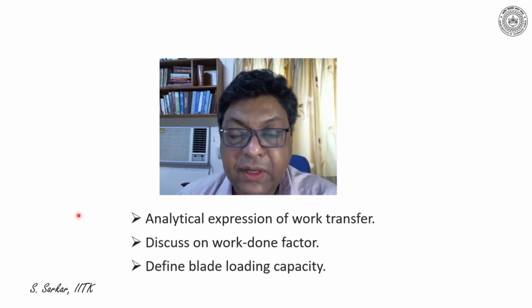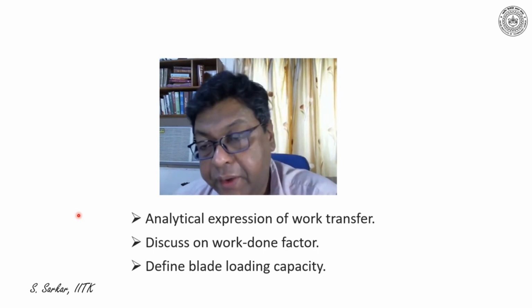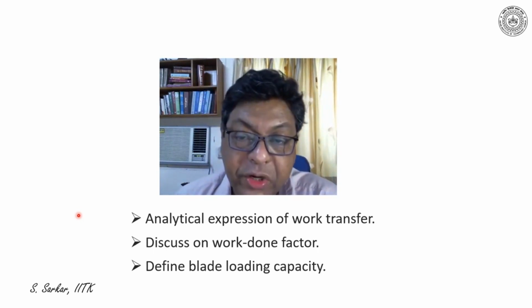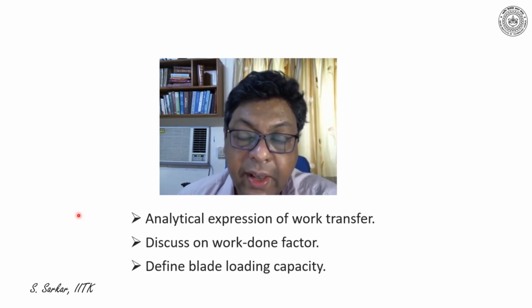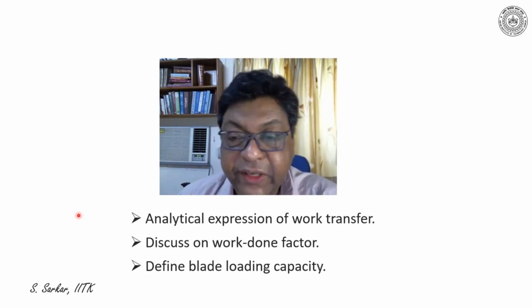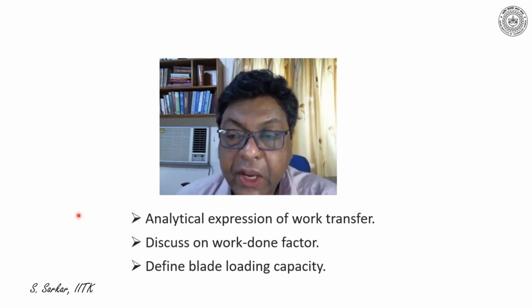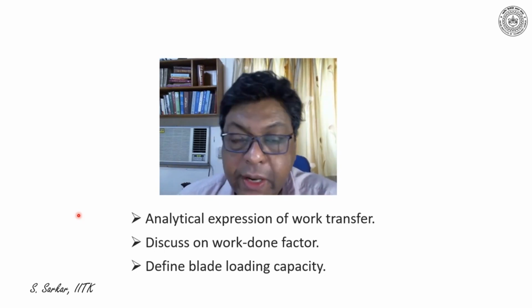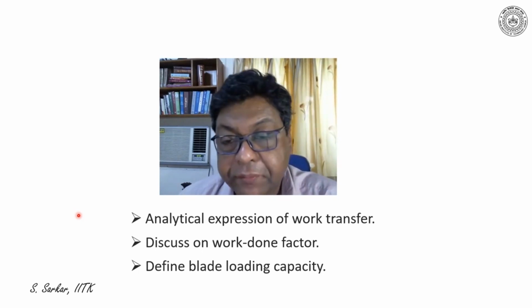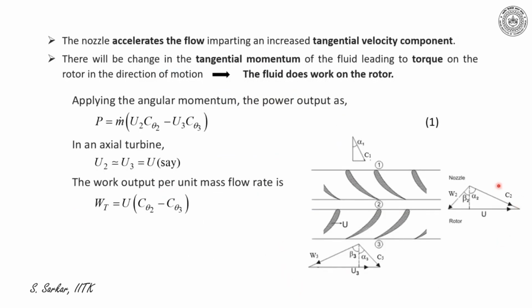Suppose, as an example, if I measure c theta in the direction of rotation, I'll consider c theta as positive, and if c theta is in the opposite direction of rotation, it will be considered negative, and so also for w theta. Please note that I have indicated here the velocity triangles at inlet to the rotor and exit from the rotor of a turbine stage.